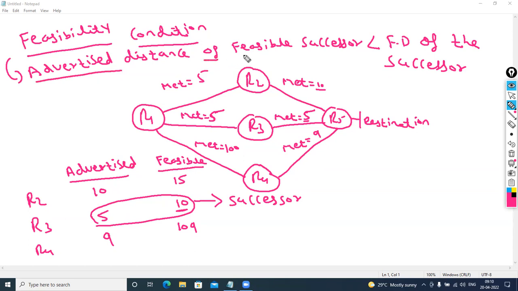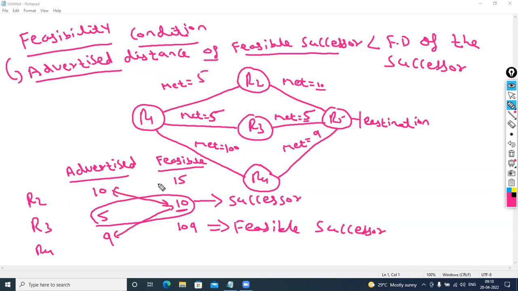So he will become the feasible successor. Why? Compare these two values. What I'm saying here is less, not equal to. In order to become a feasible successor, the advertised distance should be less than the feasible distance of the successor.